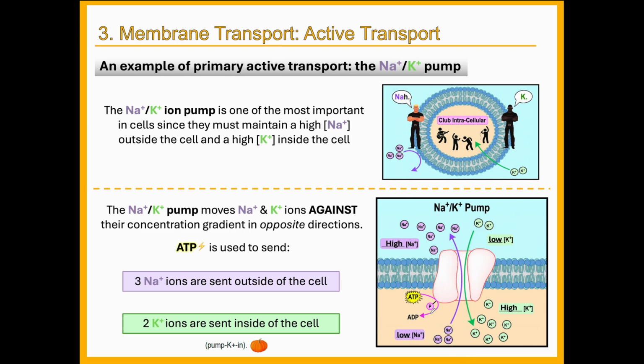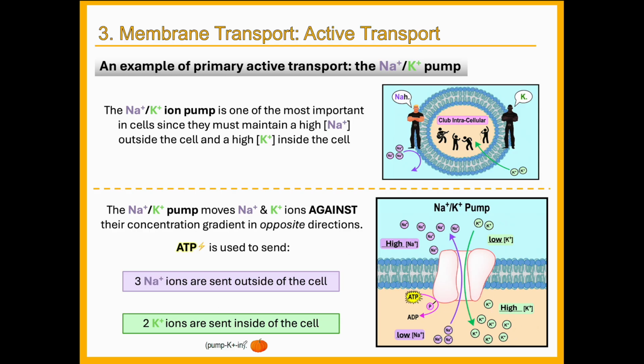It breaks down ATP into ADP, it puts its phosphate, and sodium is shoved from low to high. At the same time, this channel will shove 2 potassium ions into the cell. These 2 potassiums, there's many potassiums on the outside. They will shove these 2 into the cell from low to high, right?